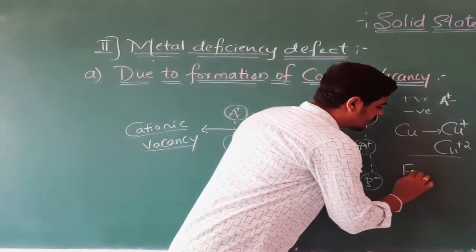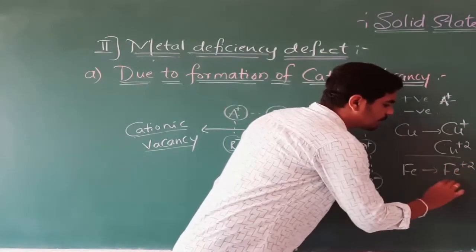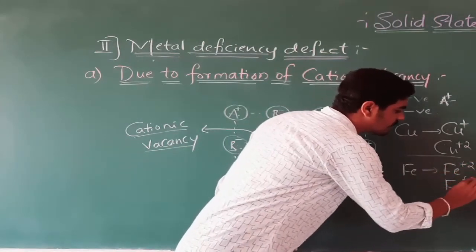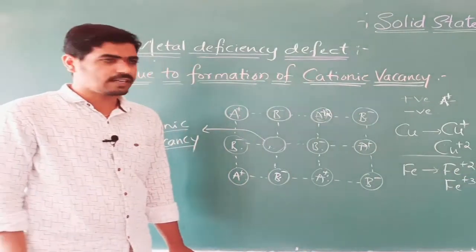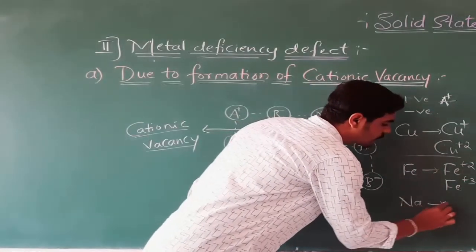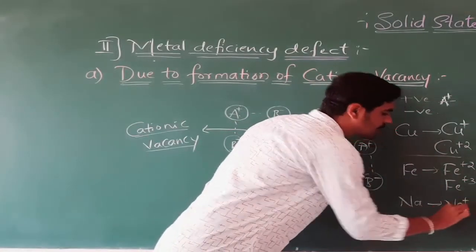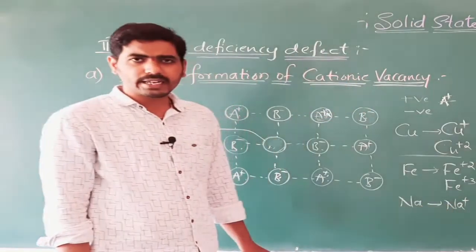And if we consider Fe, what are the oxidation states of Fe? Fe+2 and Fe+3. So it will also show the variable oxidation state. And if I consider Na, what is the oxidation state? Na+. And is there any other oxidation state of Na?